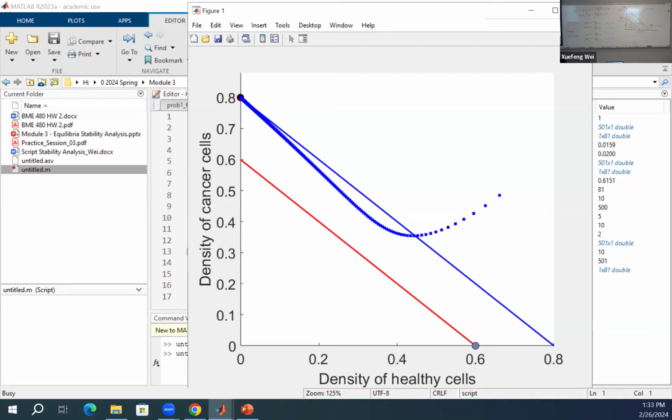When they cross the line, which direction? It has to be west. When they cross this x2 nullcline, they only go west. They are not going to go north or south. Why is that? Because this line represents dx2/dt equals 0, which means x2 is not going to change. So you can only move east or west.